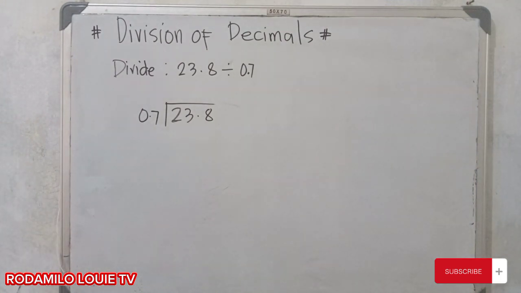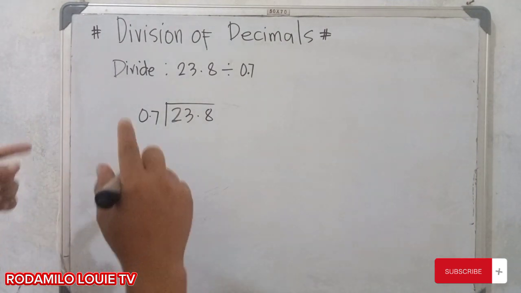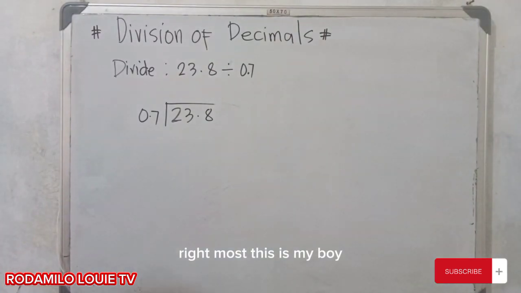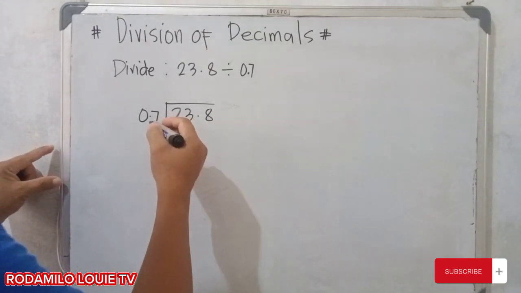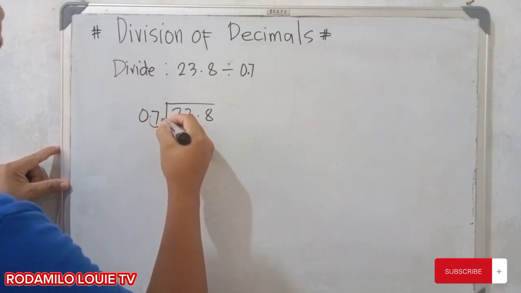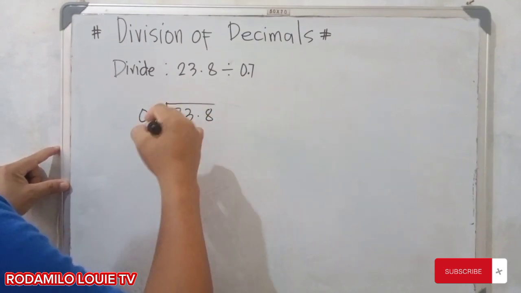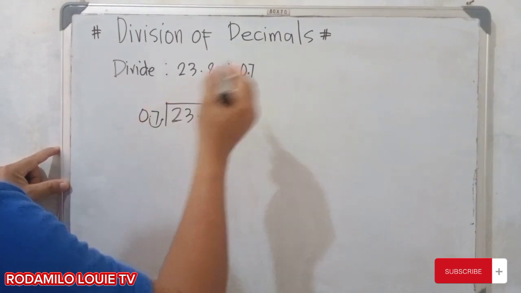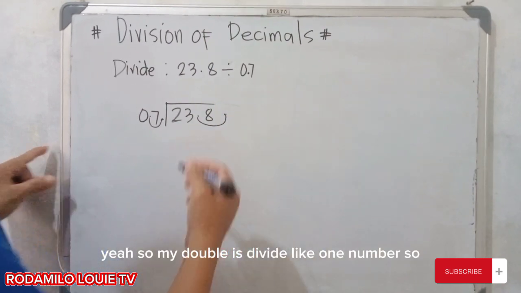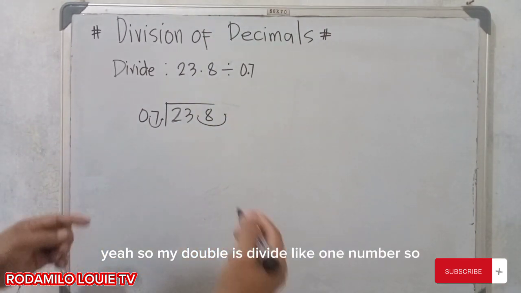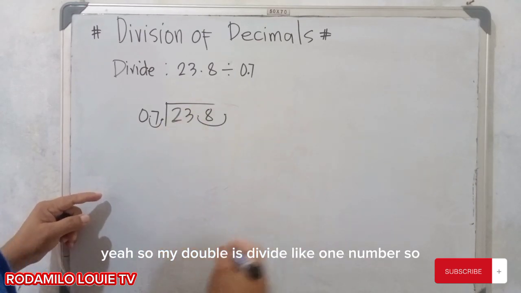So atong button is atong i-move sa rightmost decimal point para mahimo ni siya whole number. Kaya mo divide na ta like whole number. So atong i-move ang decimal din ha. O pilay imong gi-move sa divisor, same po sa dividend. Diha. So may tabo ani is divide like whole number.